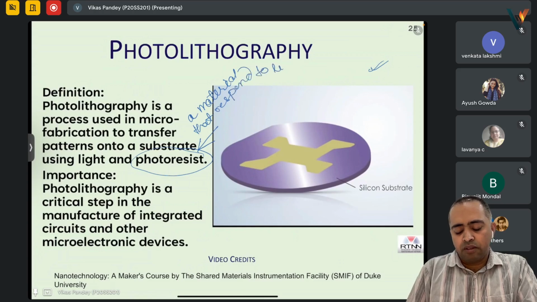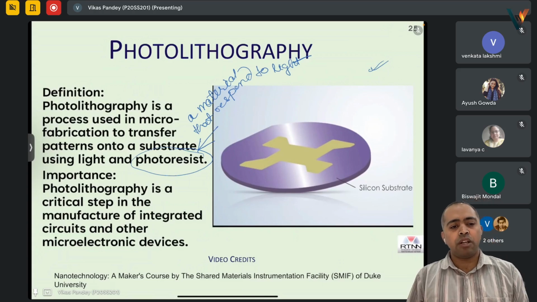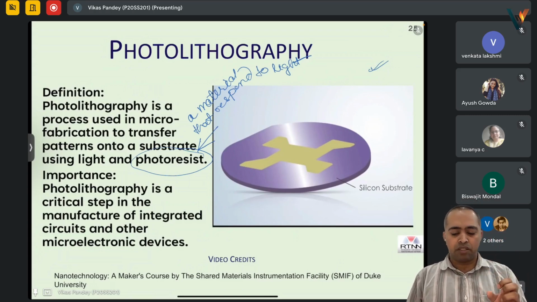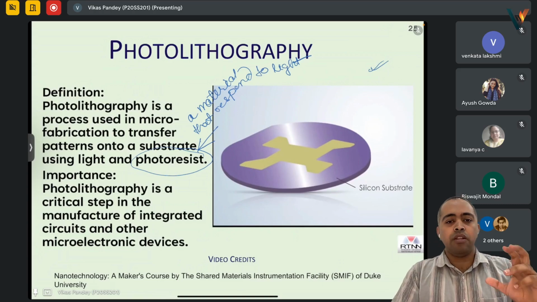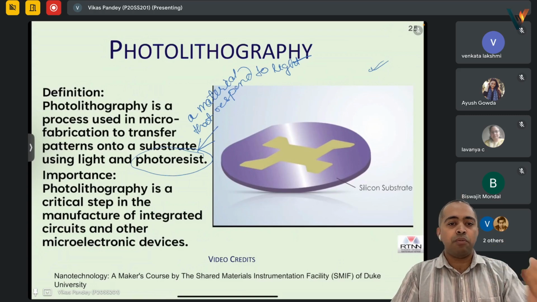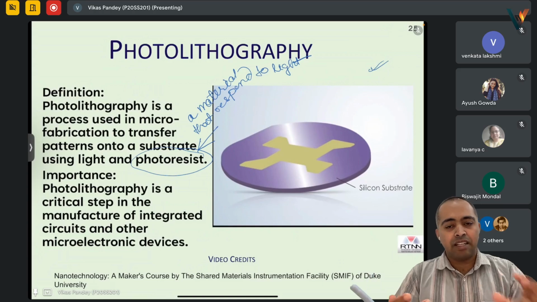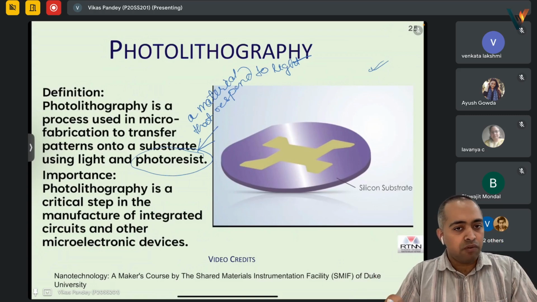We'll see how this is done. I have taken this from a nanotechnology course, Duke University. These videos are snippets from there, because it is quite difficult to film the actual photolithography process here, as we cannot use flash and the light sources can disturb our process. So I have taken one from an already available course.